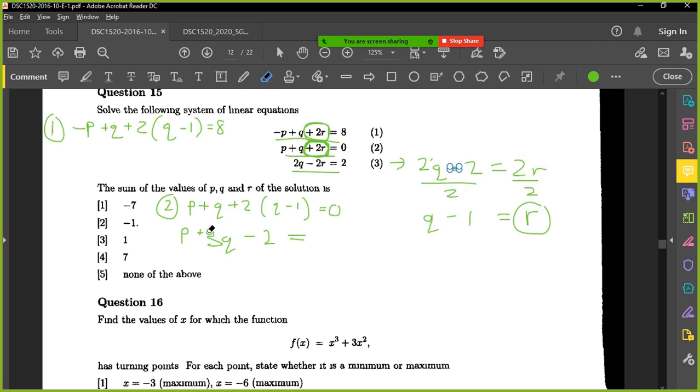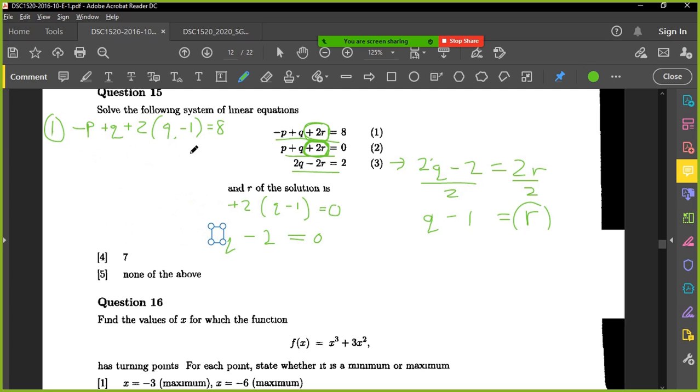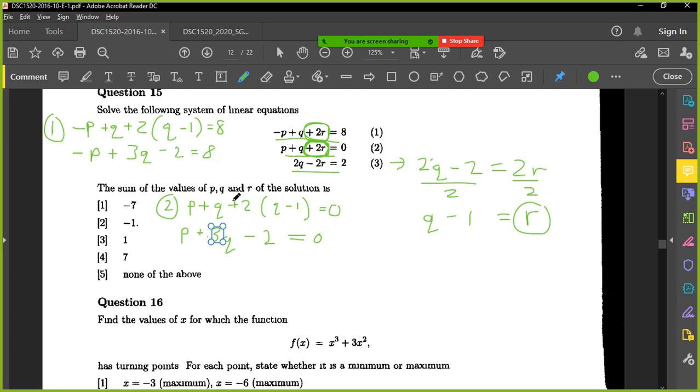Okay, perfect. And then at the top, minus P, plus 2Q, yeah, plus 3Q, minus 2 equals 8. Good. Now what are you going to do?